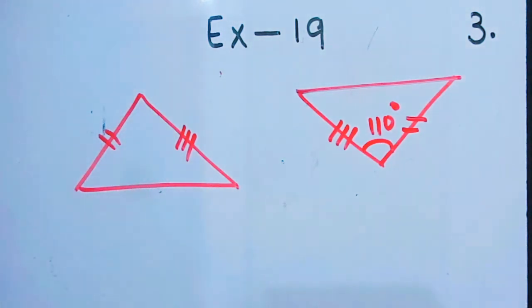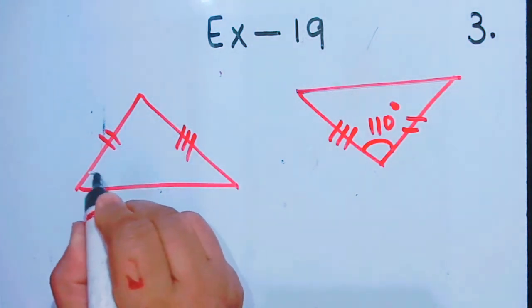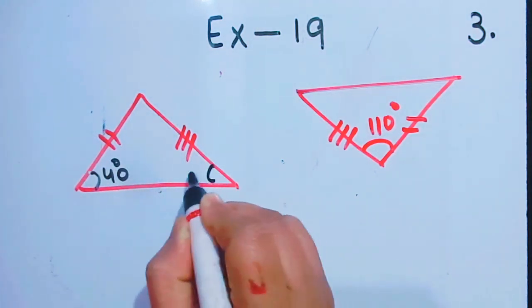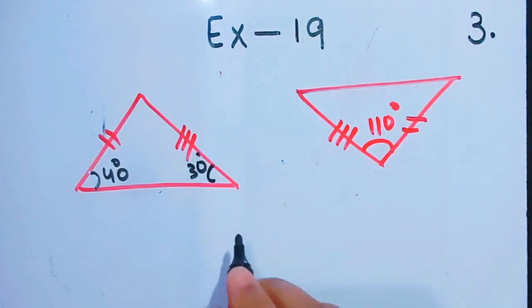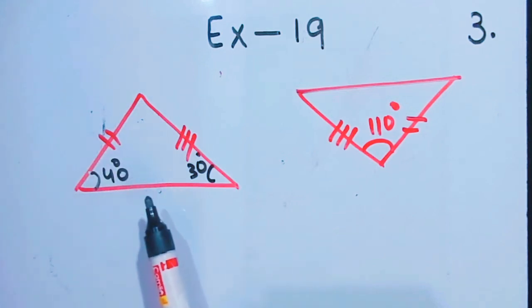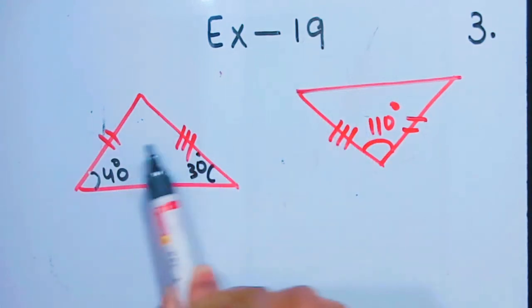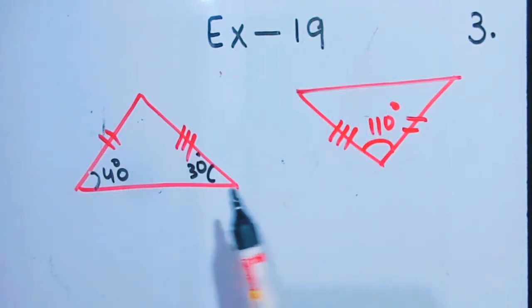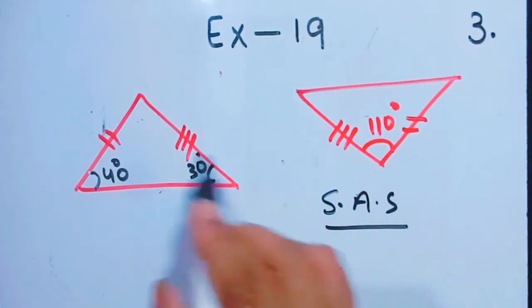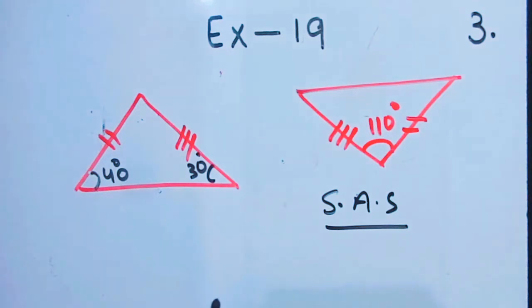Instead they have given you 40 degrees and 30 degrees over here. If 110 would have been here, then these two triangles would be congruent by the criteria side angle side, but this angle is not given.